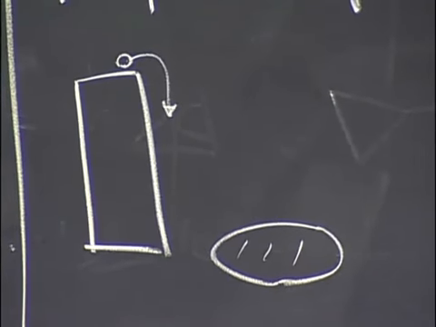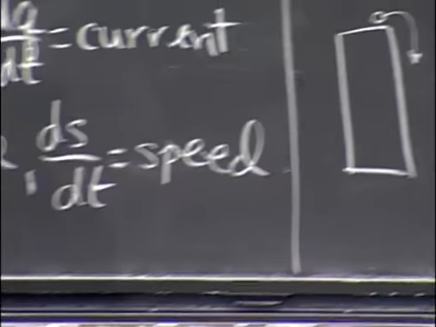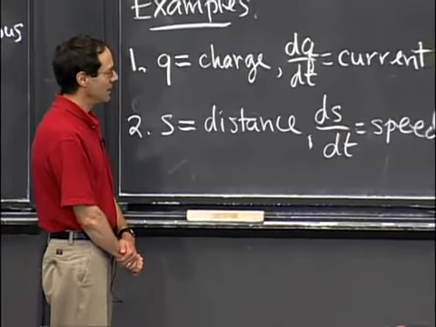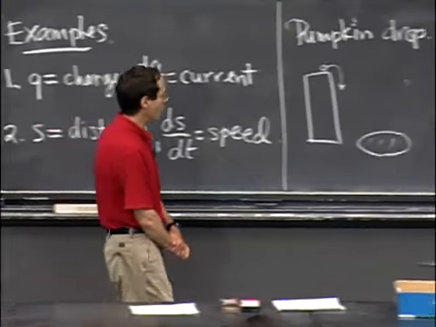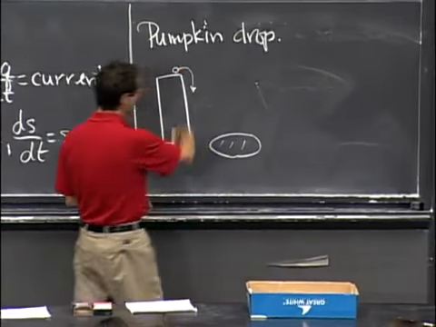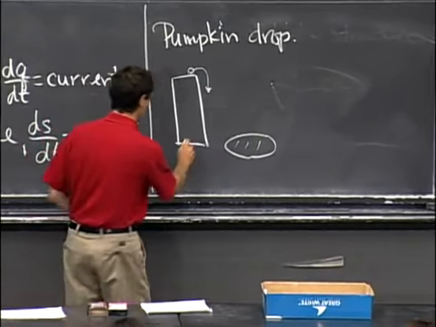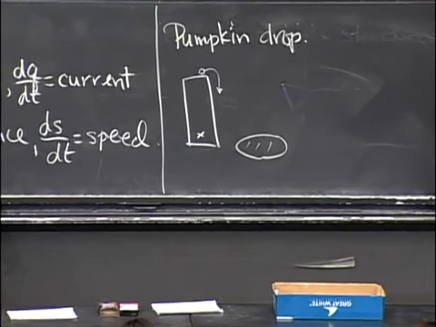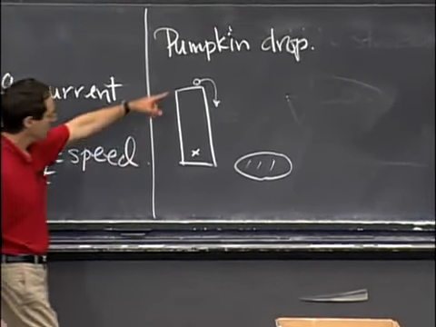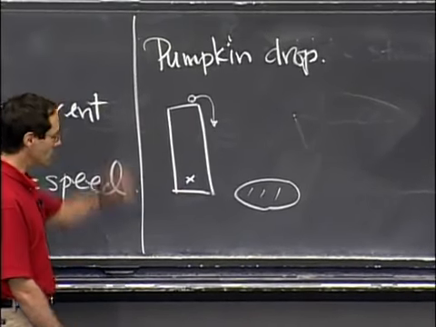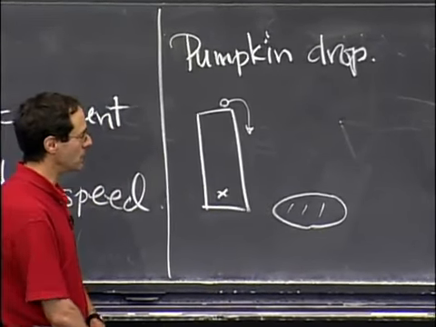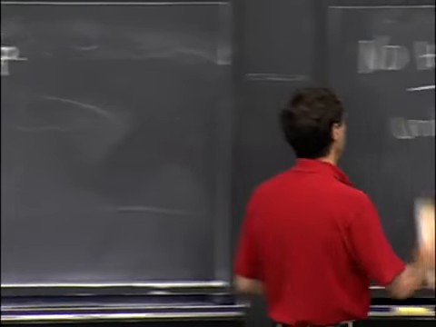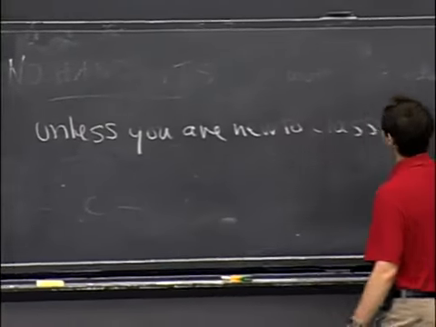Everything at MIT, or a lot of things at MIT, are physics experiments. So that's the pumpkin drop. Roughly speaking, actually, the building's about 300 feet high. We're down here on the first usable floor, and so we're going to use, instead of 300 feet, just for convenience purposes, 80 meters, because that makes the numbers come out simply.